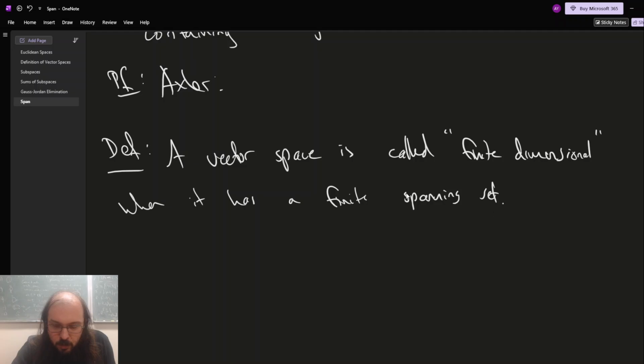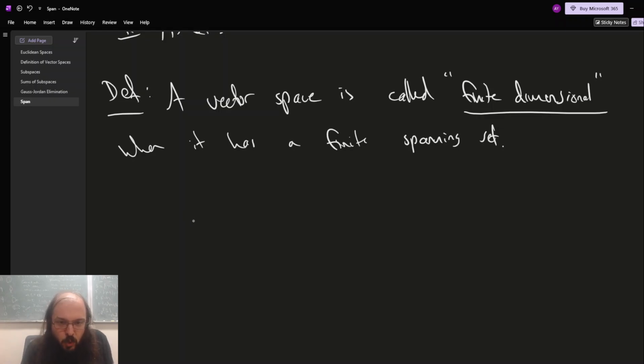And what the actual dimension of a vector space is remains to be seen. I'm not giving you a definition of dimension at this point in time. I just want you to be aware of this notion that the vector spaces that we're considering are going to have finite spanning sets.